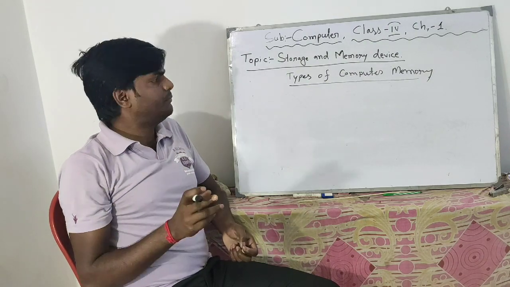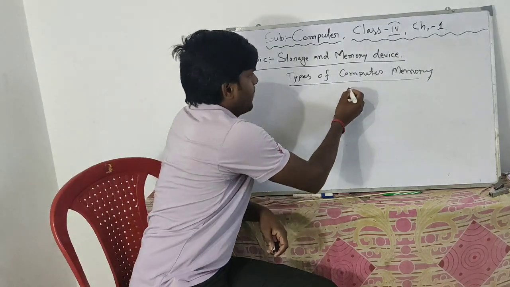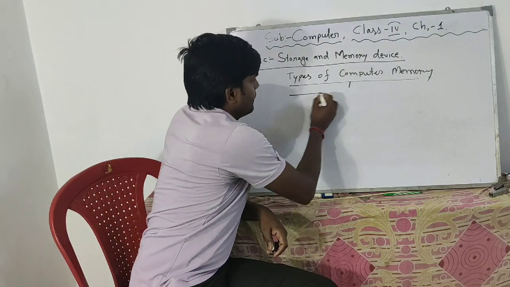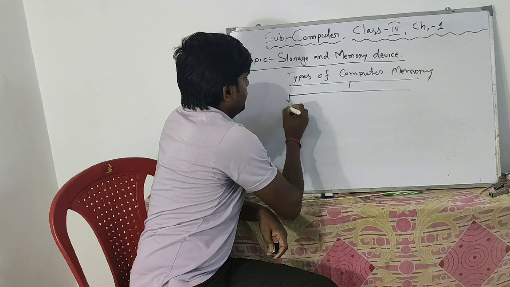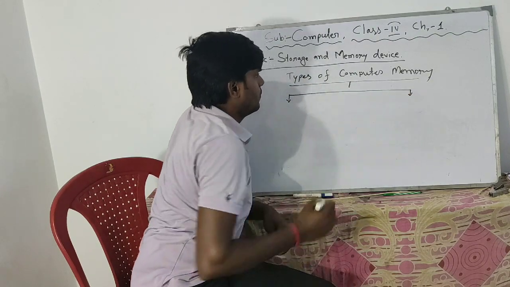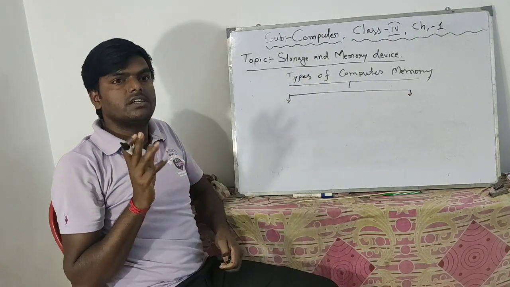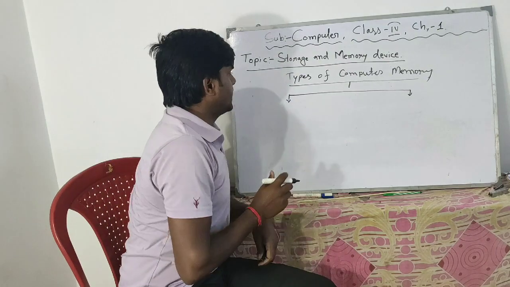Okay, so computer memory has two types. First one, primary memory.